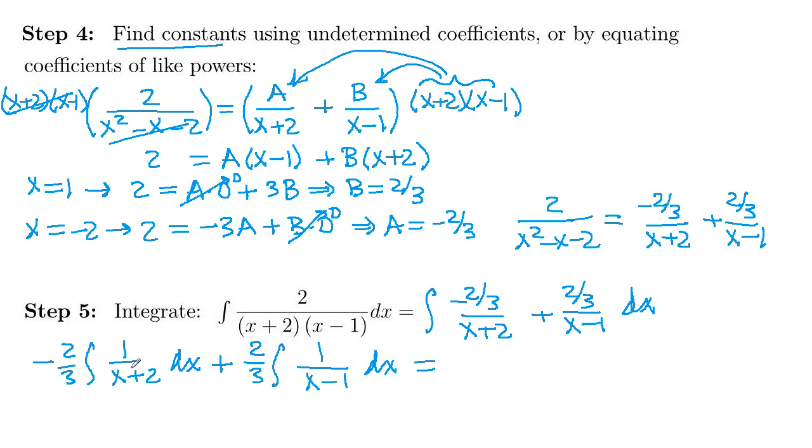And remember, antiderivative of g prime over g is natural log. So this is negative 2/3 natural log absolute x plus 2 plus 2/3. And same thing here, g prime over g. So ln absolute value of x minus 1. And then plus constant.